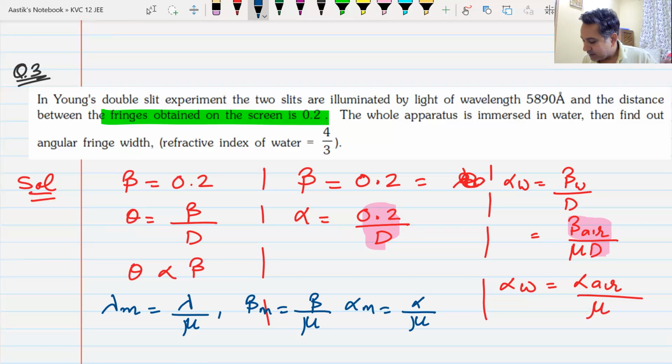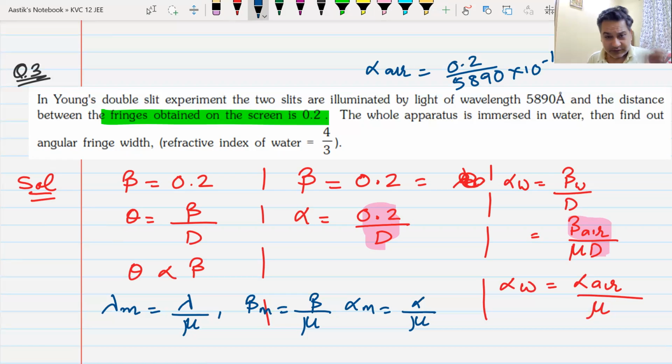Now, you can find out alpha in air: it will be 0.2 divided by 5890 into 10 raised to the power minus 10. From there, you get alpha in air. To get alpha in the medium, you just divide it by mu. Do we understand this?